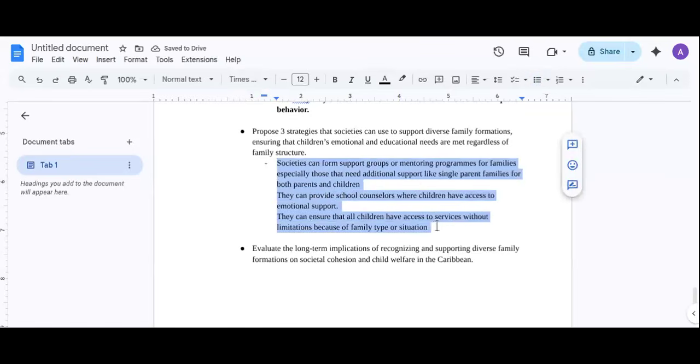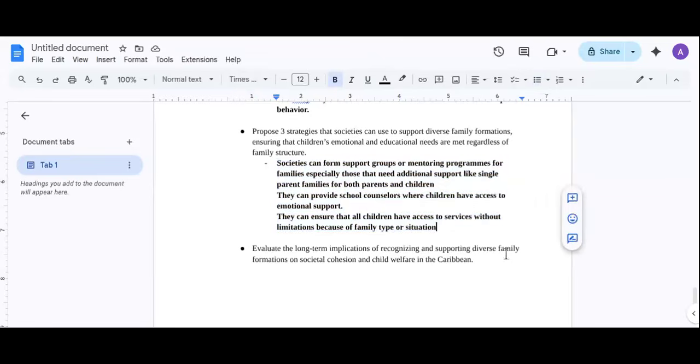Societies can form support groups or mentoring programs for families, especially those that need additional support, like single parent families, for both parents and children.